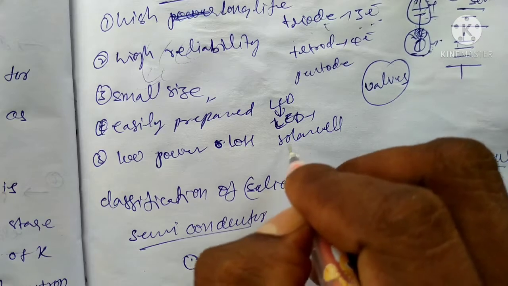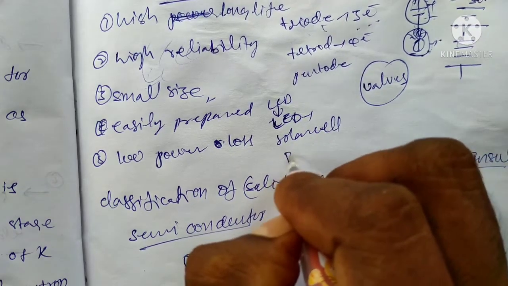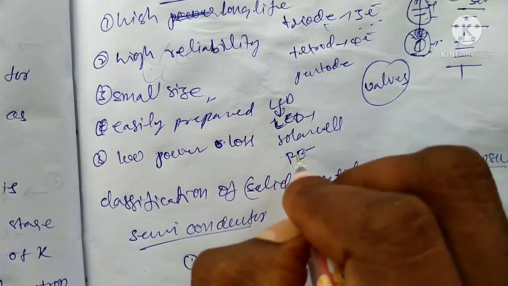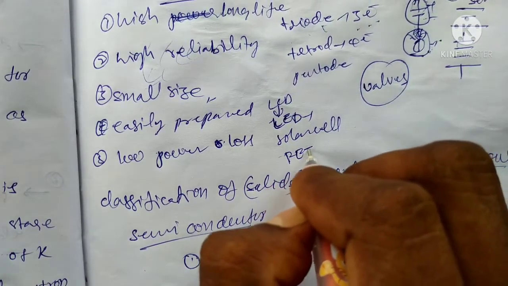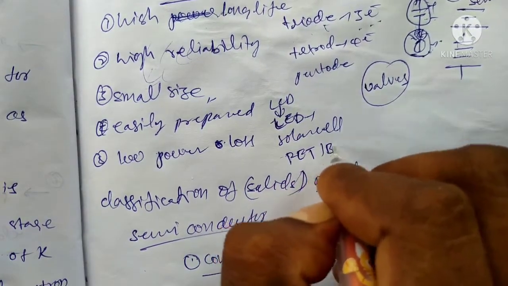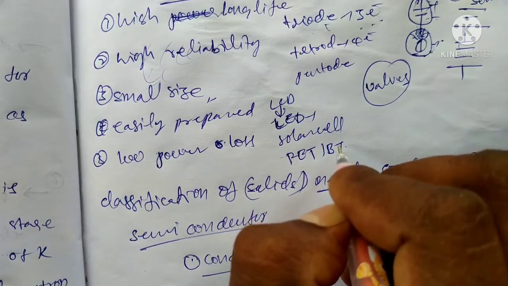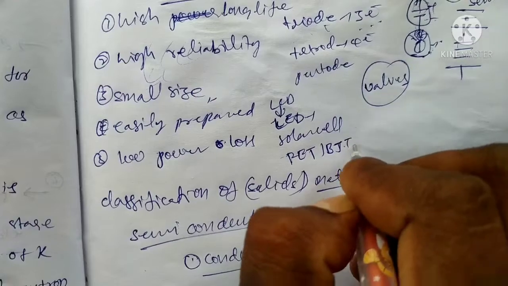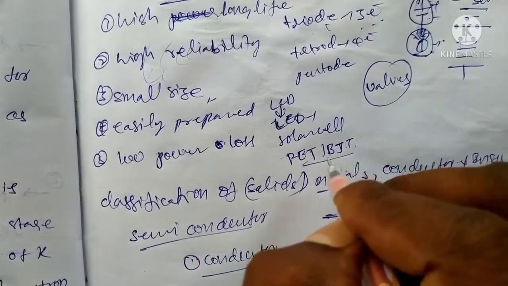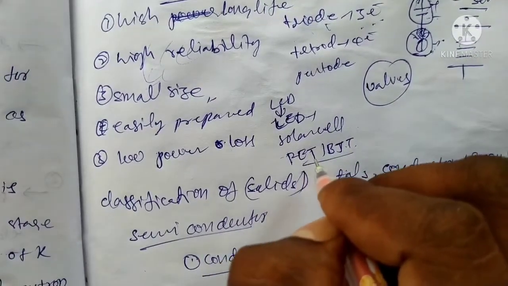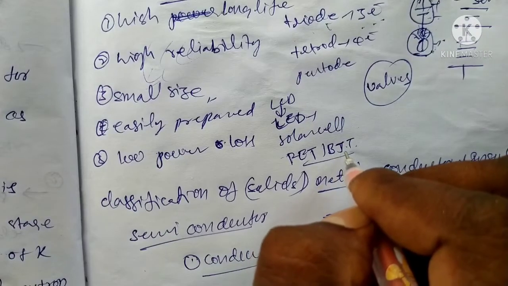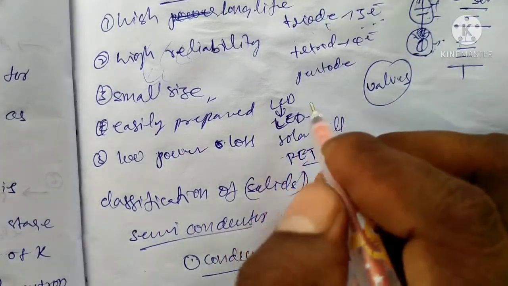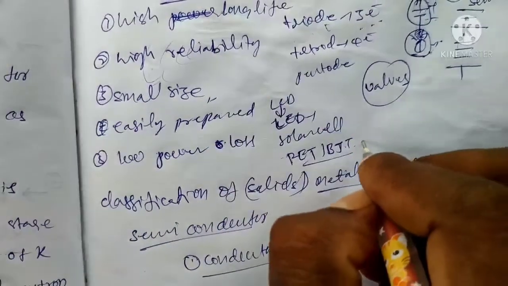They are also used in the field effect transistor, FET, and the bipolar junction transistor, BJT. These are applications of semiconductors, and more.